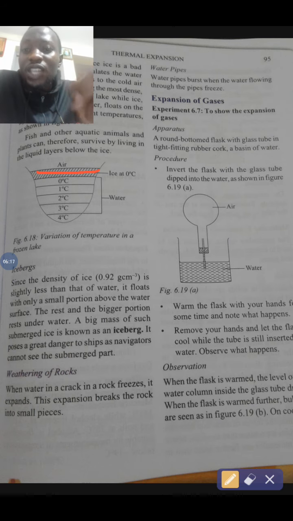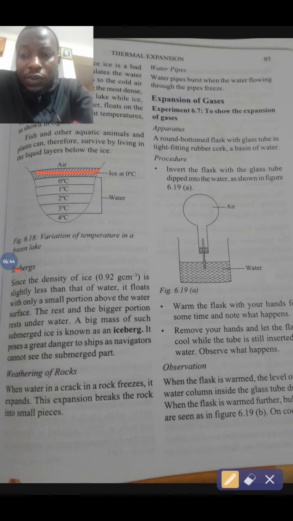It does not change. So the living things, the aquatic life, including the fish and the other aquatic animals, continue living their lives without any threat of cold killing them or being affected by the cold. So that is an application or an effect that is caused by anomalous expansion of water.